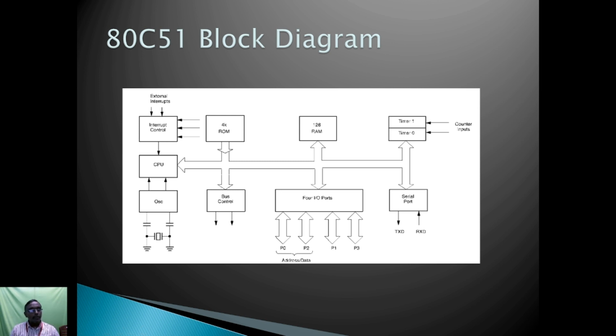What is a microprocessor? A microprocessor is an electronic device. We can compute arithmetic logical units and perform so many operations. What is the difference between microcontroller and microprocessor?